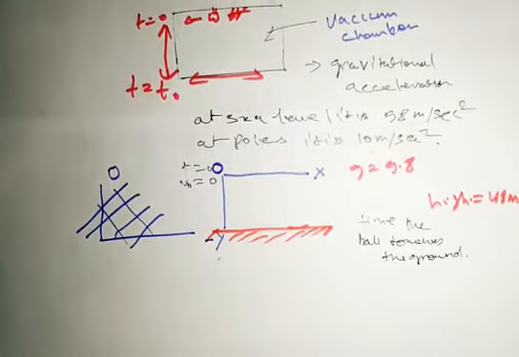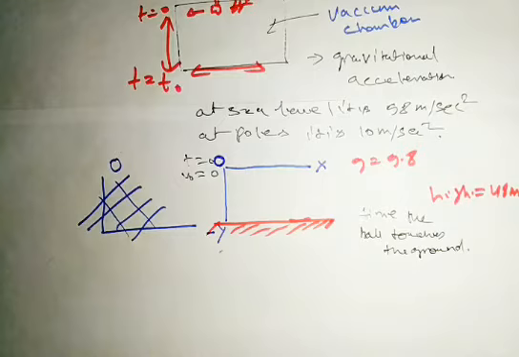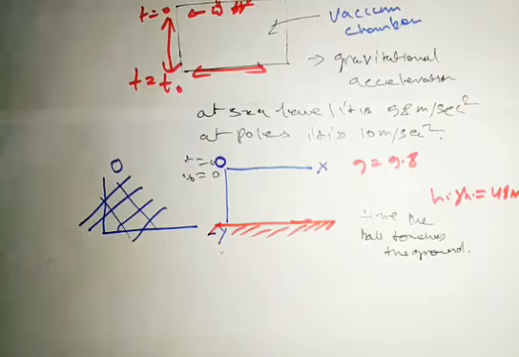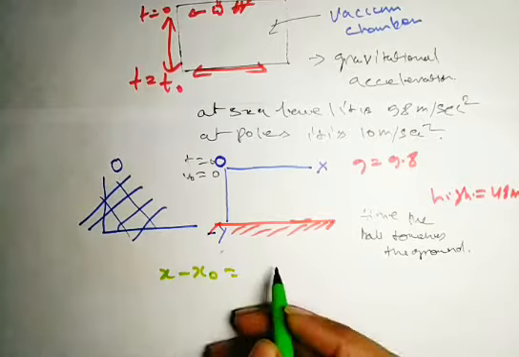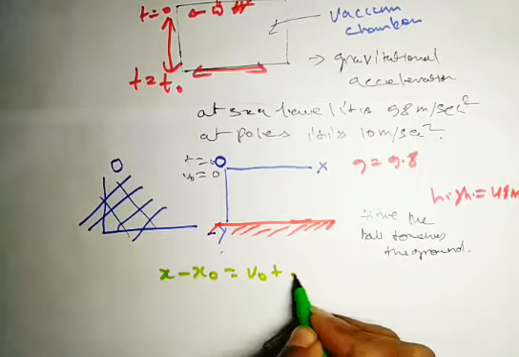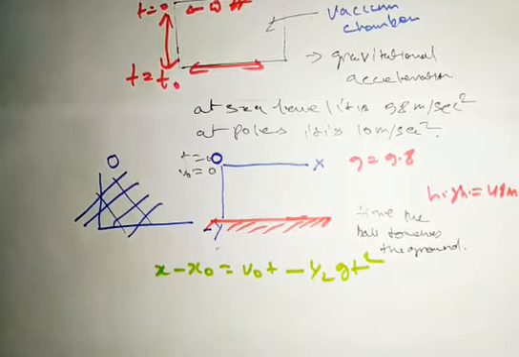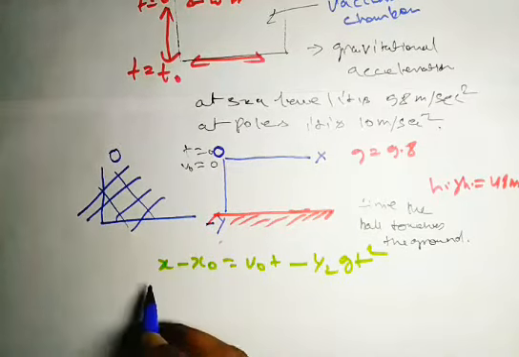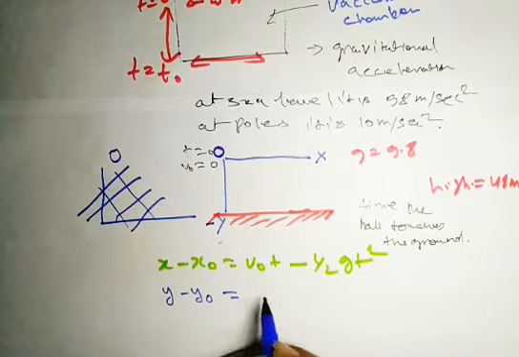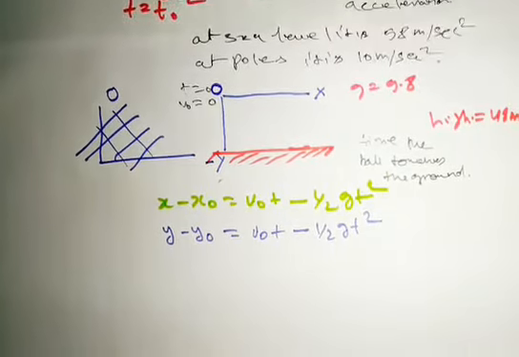So we have to use the equation which has the time component. What was the equation? The equation was x minus x naught equal to v naught t minus half g t square, or in this case we are taking y minus y naught equal to v naught t minus half g t square.